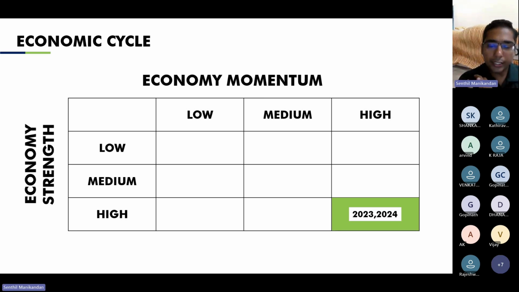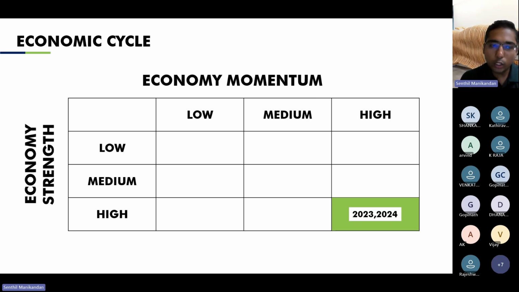Economy strength moved from medium to high. Globally, during COVID, most of the developed countries were handing out cash directly to the people, and they were building the fiscal deficit at a higher rate. But the Indian government, being a developing country, took a balanced view in terms of how to give out the benefits to the people.